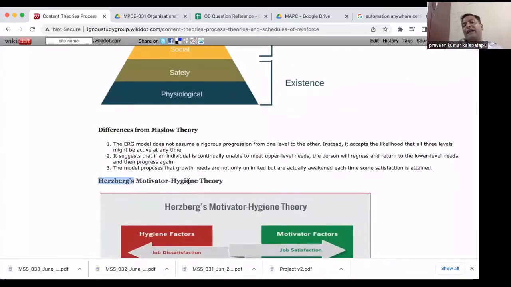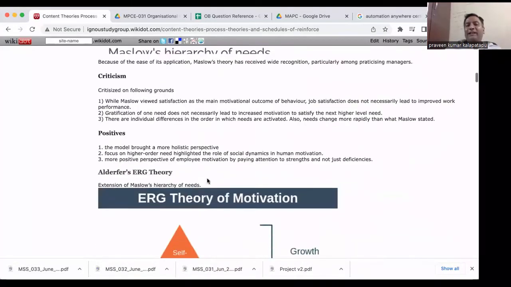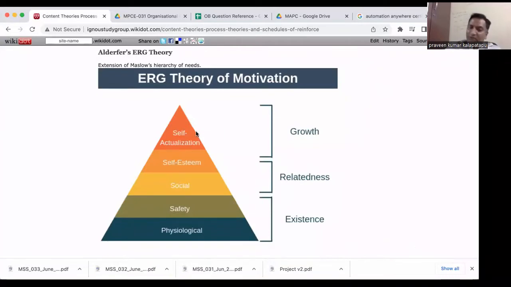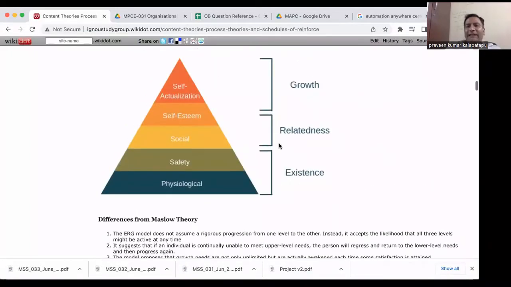So that is Herzberg's motivation hygiene theory. We talked about Maslow's 5 needs, then we talked about ERG, which is just 3, and now we are talking about Herzberg, which is just 2, motivation and hygiene. If you see, hygiene factors come here, basic existence. Motivation factors come here on the top.